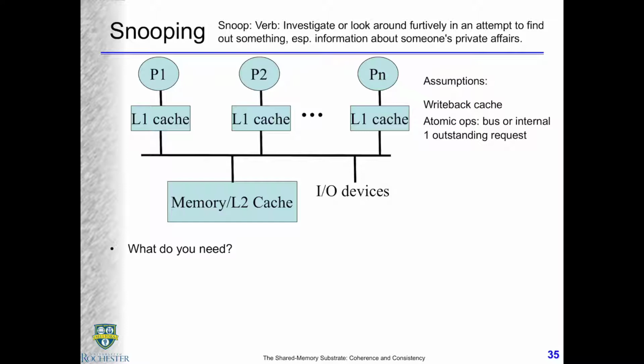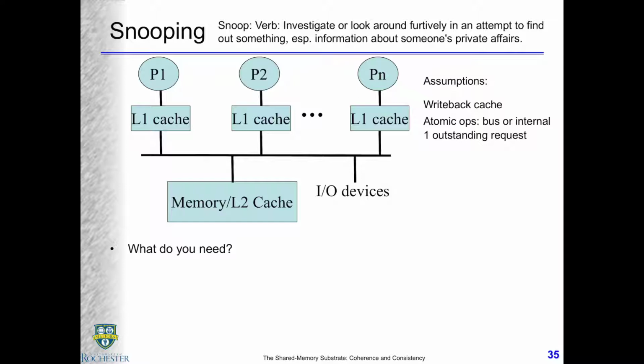Without the state, we wouldn't be able to know when to invalidate, whether to invalidate, or when to intervene. Okay? The states, we know how to build them. Just a couple of bits per cache line, metadata. If we have two bits, we can represent 4 states. If we have 3 bits, we can represent 8 states. It's a finite state machine. We can do that. So how do we implement that?